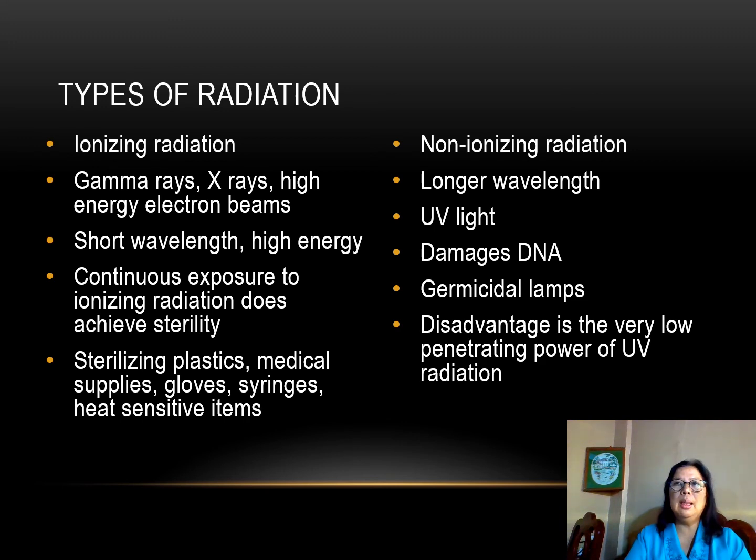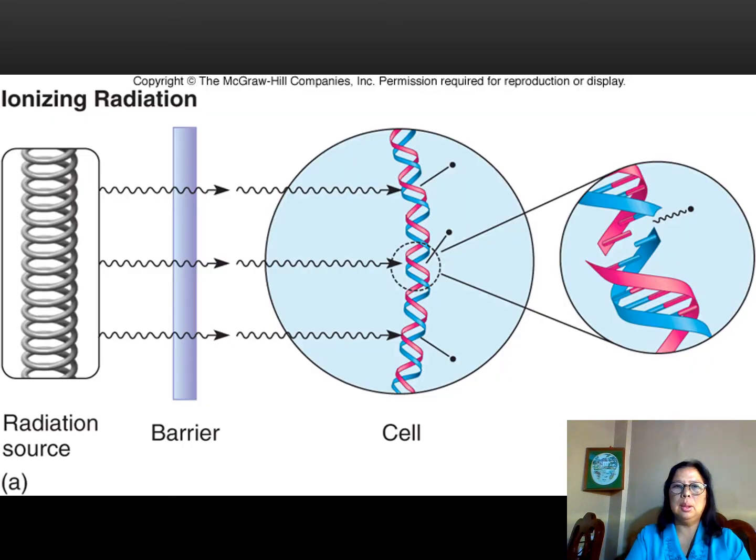The germicidal lamps, the bulb used are usually UV lights. They look like the fluorescent light, but what they emit is UV, or ultraviolet radiation.